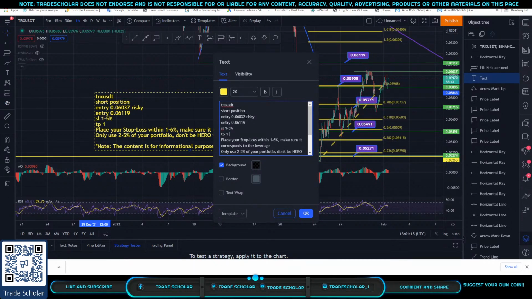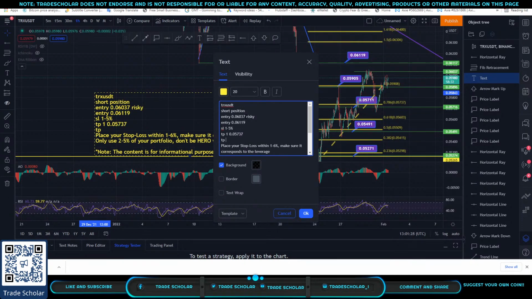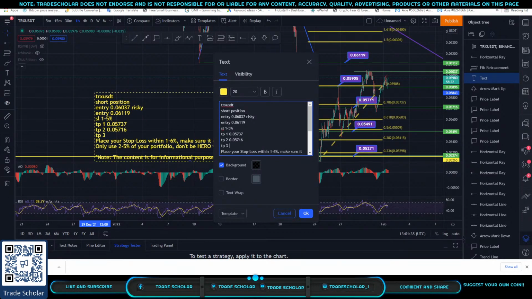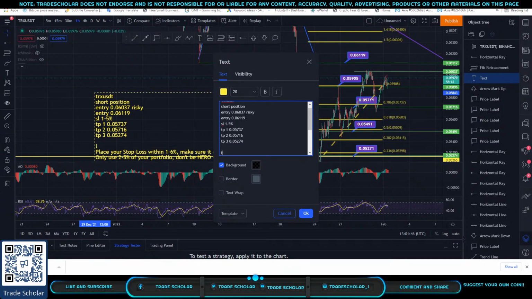TP1 will be 0.05737. TP2 0.05716. TP3 will be 0.05274.